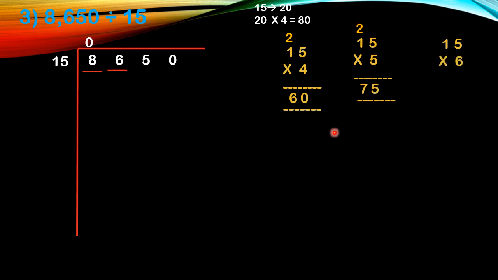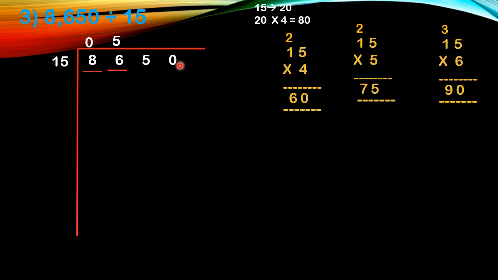So we can find out 15 into 6. 5 6s are 30, so carry 3. 1 6 is 6, 6 plus 3 is 9. 90. But here 90 is greater than 86.